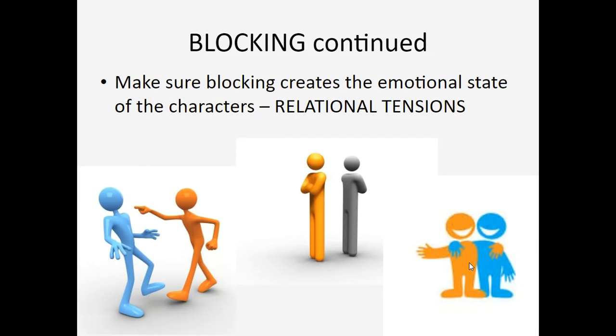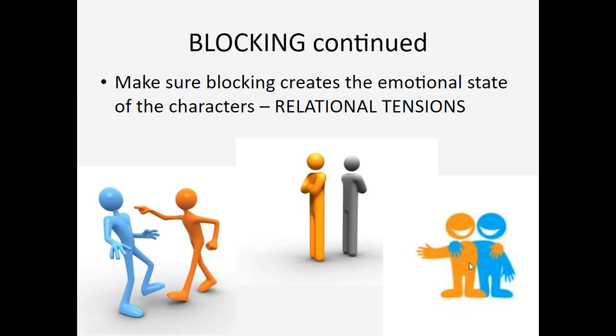Now, finally, with blocking, this is really important. As you're going through your scene and blocking it out with your partner, you've got to look at the emotional states that the characters go through. Look at the inciting incident. That should be where relational tension begins. As you move up the rising action, your blocking is going to be determined by what's happening.